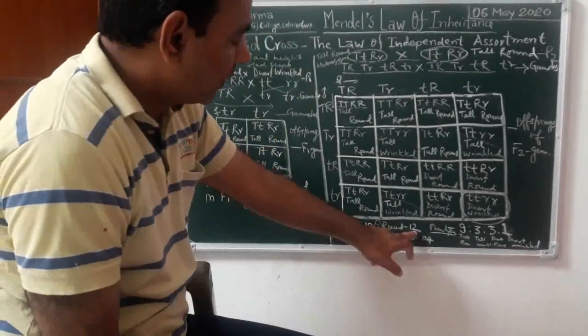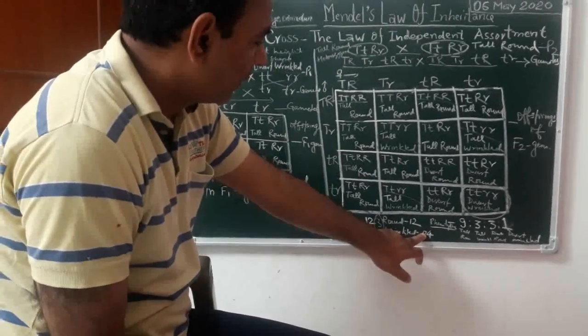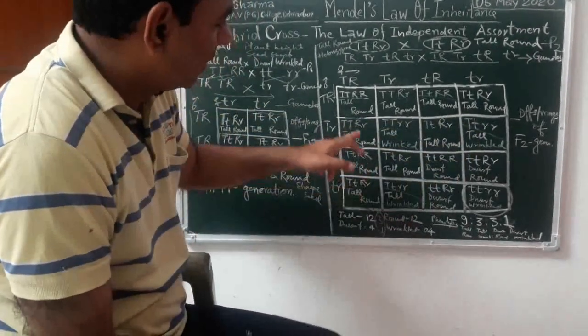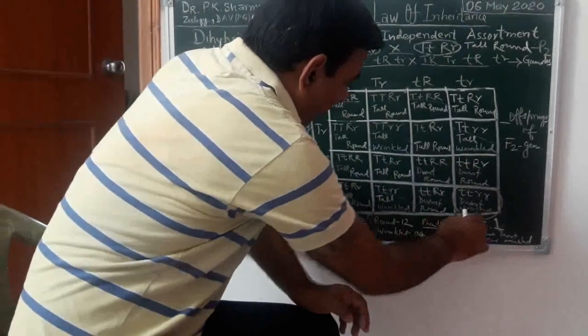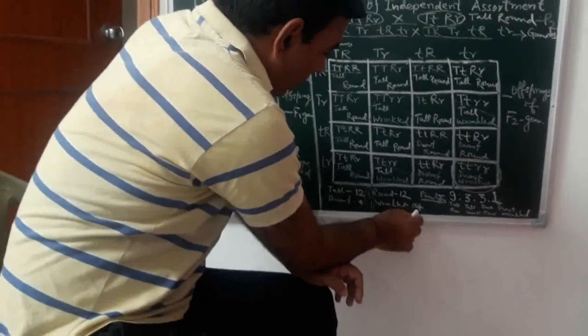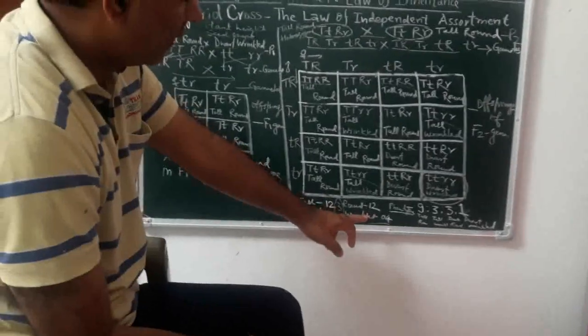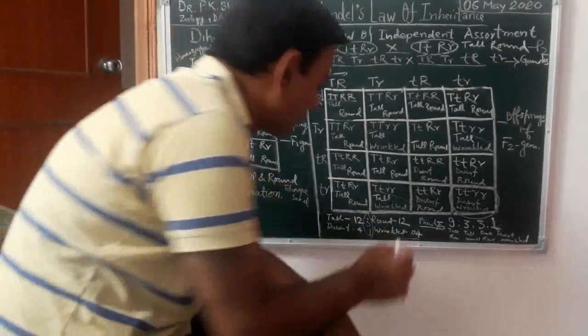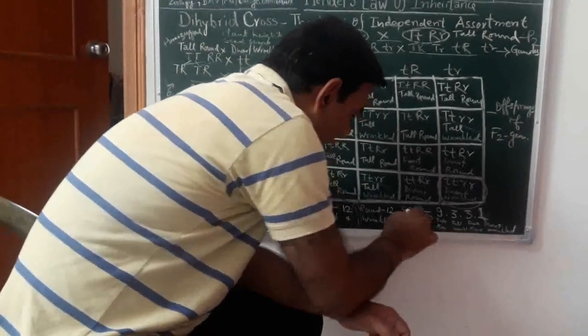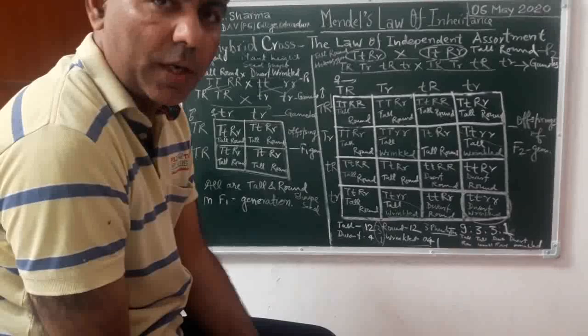The total round seeds will be 12 and wrinkled seeds will be 4. When we count the wrinkled seeds, this is wrinkled, this is wrinkled, this is wrinkled, and this is wrinkled. Only 4 seeds are wrinkled, and 12 are round. The ratio is the same 3:1 as in a monohybrid cross.